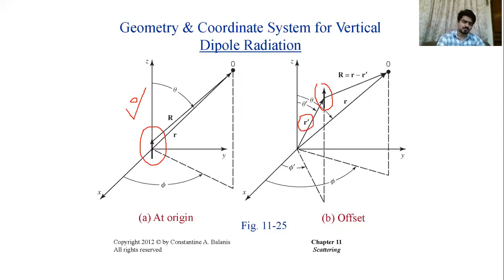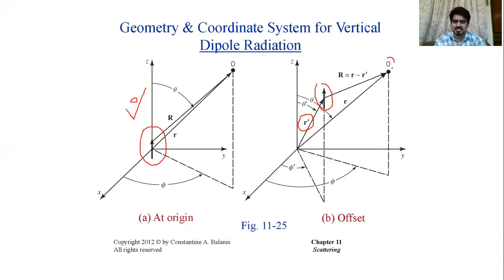So again, these prime coordinates basically represent the location and the direction of your sources, and the unprimed coordinates r, theta and phi, all these three unprimed coordinates represent the direction and the location of your observation point.